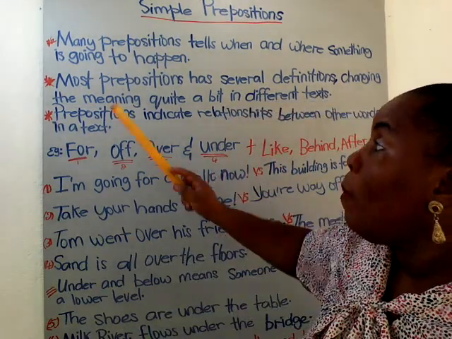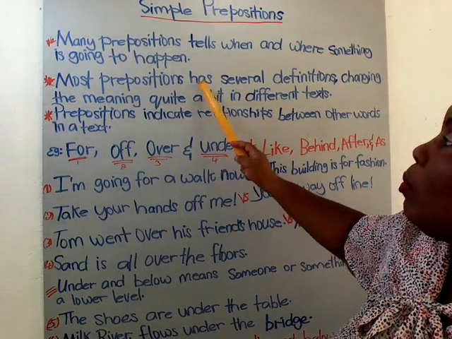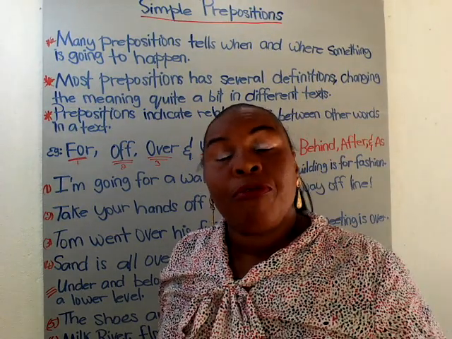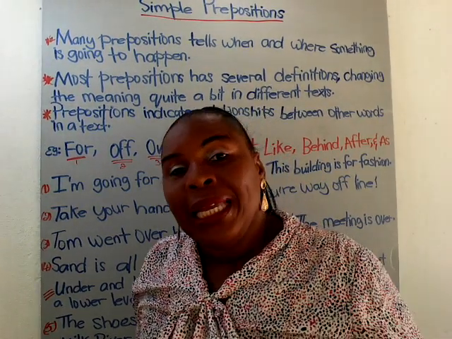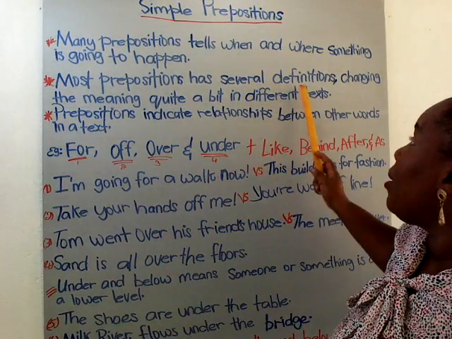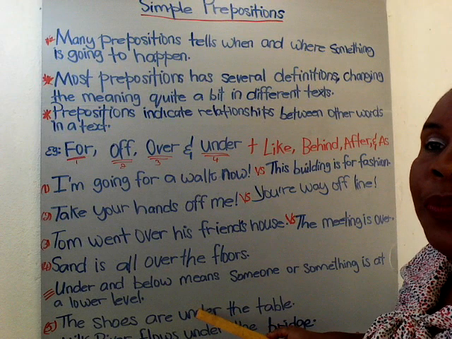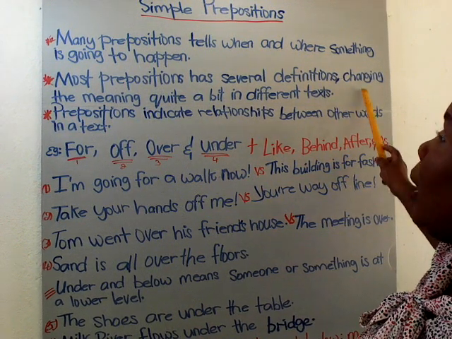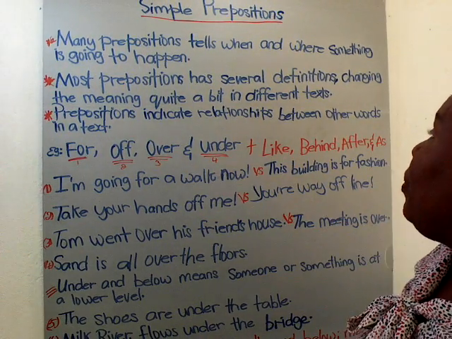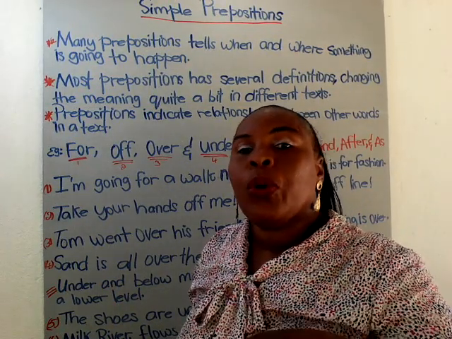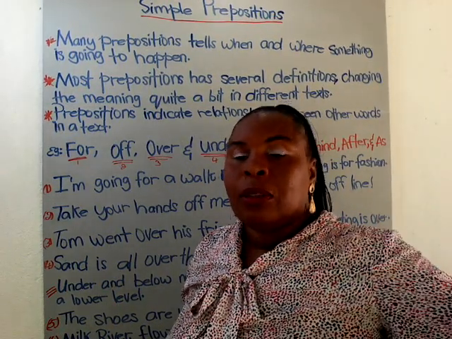Most, not all, but most have several definitions. Several definitions means several meanings, and you will see how I put these meanings in the examples. So in each text, one word can mean something else.